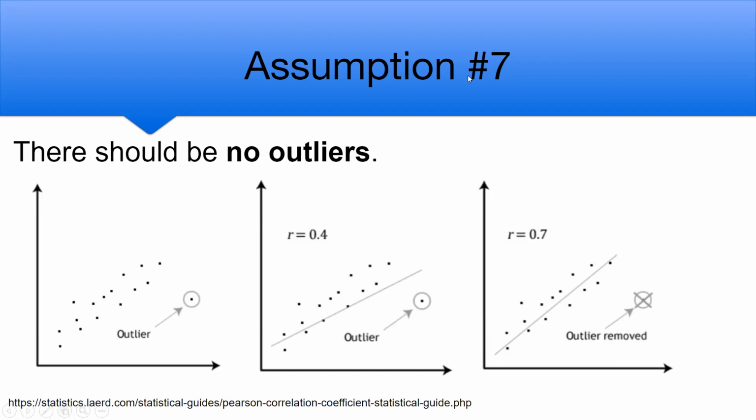And the seventh assumption, it's just a repetition now, so there are no significant outliers. Why do I emphasize this again? Consider this data set, for example, where there's an outlier. By the way, this is what you call your line of best fit. If there is an outlier, for example, your R here is 0.4. But if you remove this outlier, what have you noticed with the R? It increases.